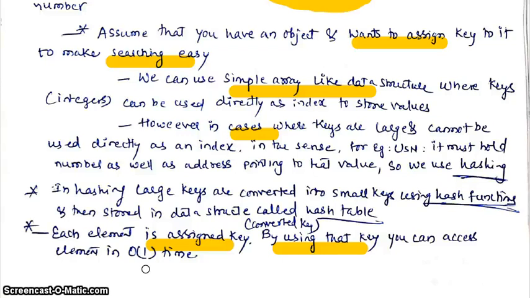For example, if I give the USN 101, it will directly search in the database, and it will retrieve the information. So you can see the entire information about that student who has the USN number 101.